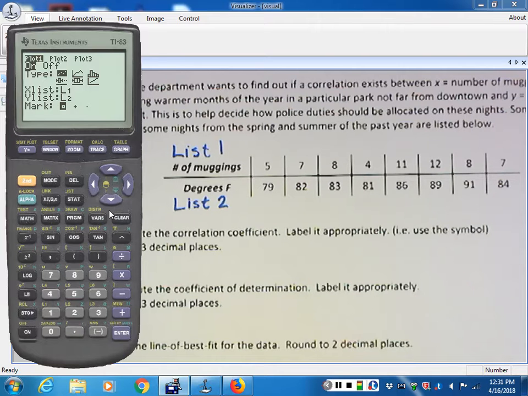And I always leave the mark with the little box instead of the little points because it's just easier to see the little boxes. And then from there, once you've got your screen looking just like mine, we're going to hit the zoom button and choose number 9.